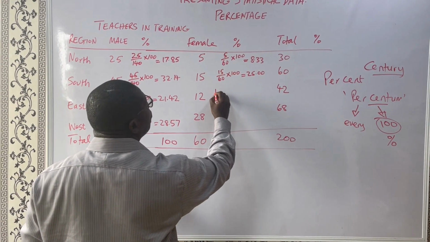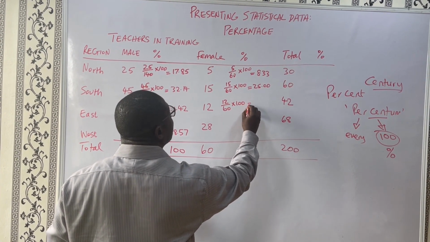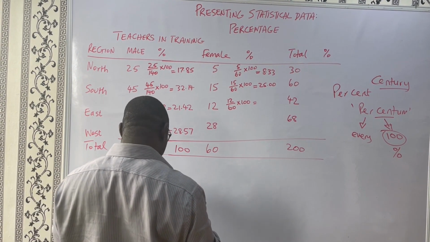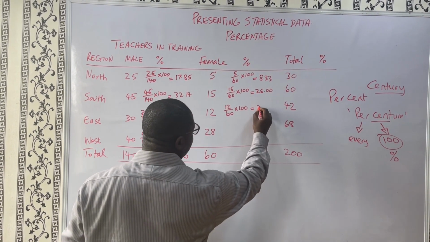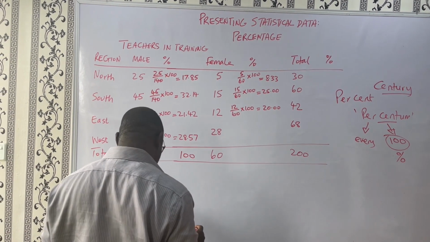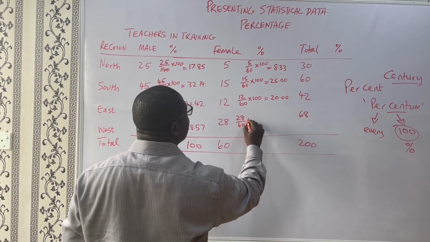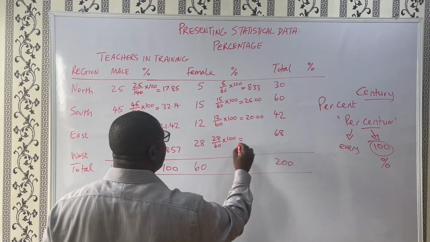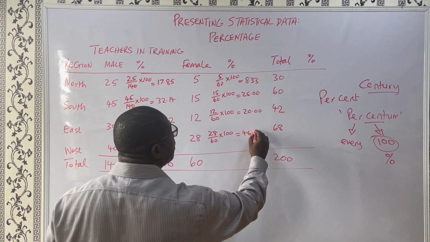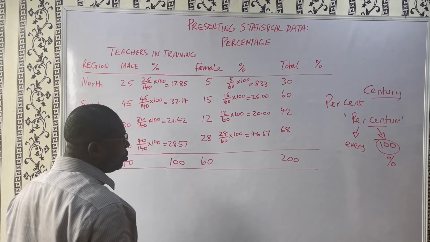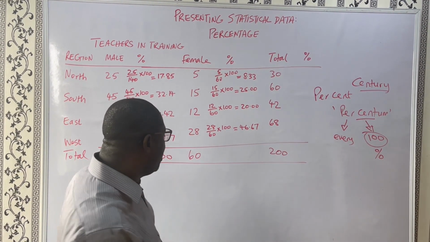And the next one is 12 divided by 60 times 100. That will give us 20%. Then the last one is 28 divided by 60 times 100. That will give us 46.67%.